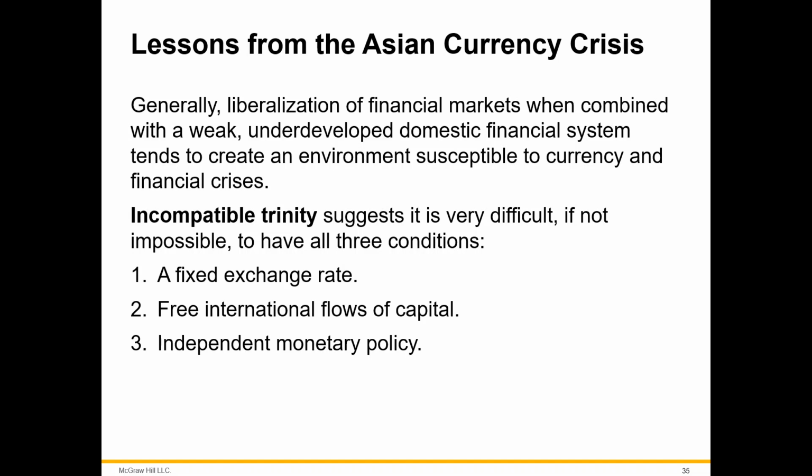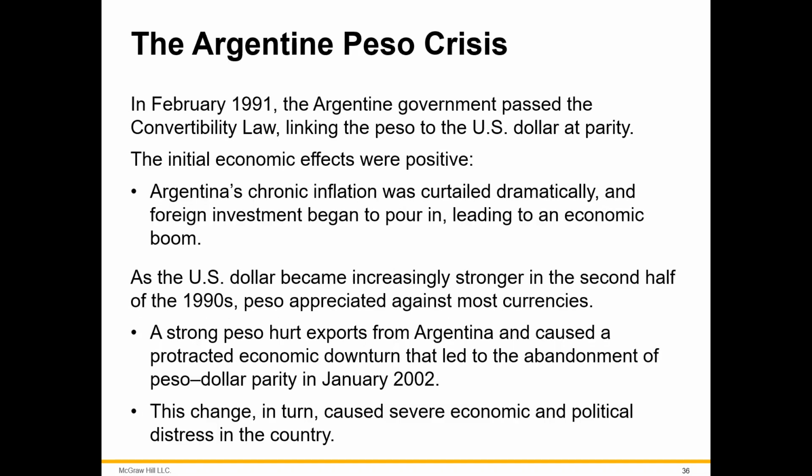So if you had a country that wanted to devalue the currency to monetize some debt, but maintain a fixed exchange rate, well, you would have to not have free international flows because the immediate response to that kind of policy would be flight of capital, right? So you would have to not have capital flight possible from the outset, which would mean you may never get that capital in the first place.